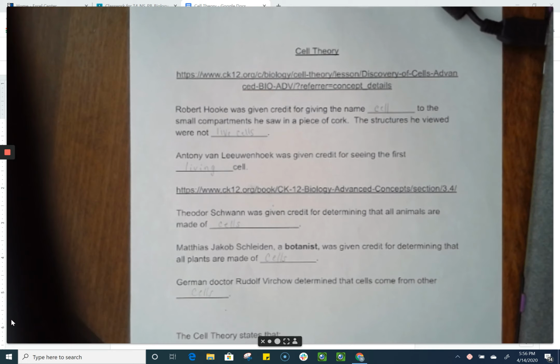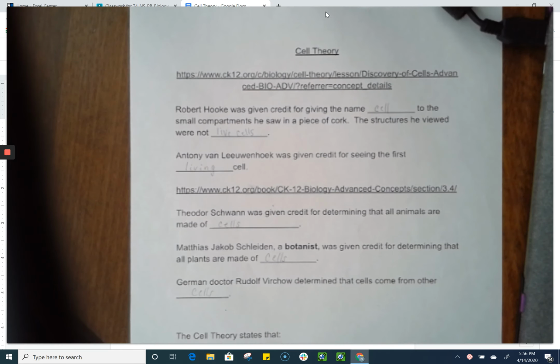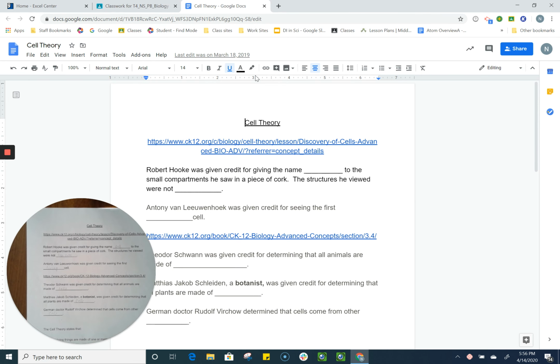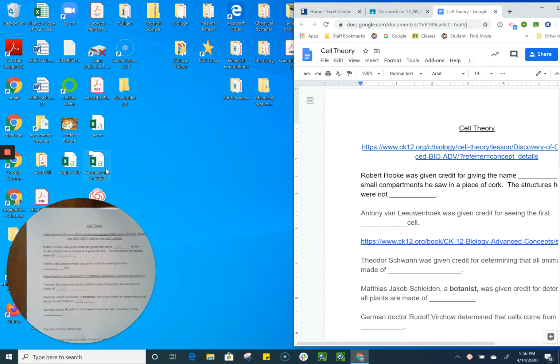I'm going to try to do a split screen here, maybe. Make this a little bit smaller for right now and move this stuff around so we can see some of it a little bit better.